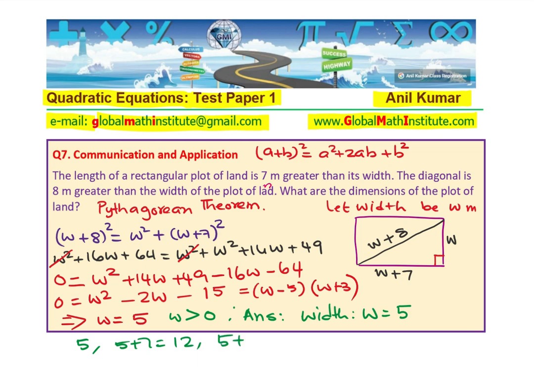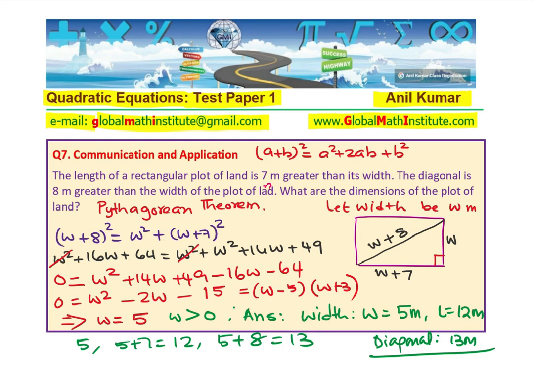And 5 plus 8, which is 13. So let's include units when we write the answer, right? So width is 5 meters, and then the length is 12 meters, and diagonal is 13 meters. Perfect. So that is how we are going to solve this particular question.